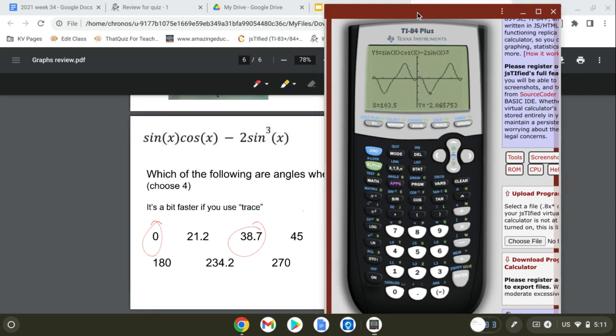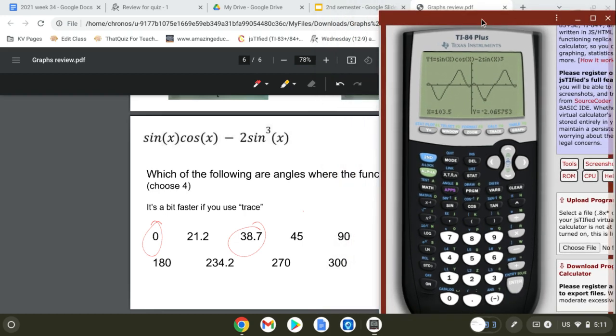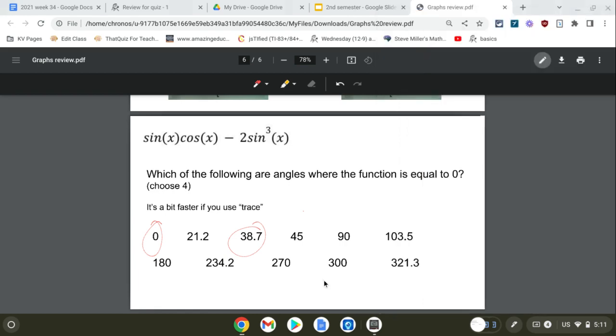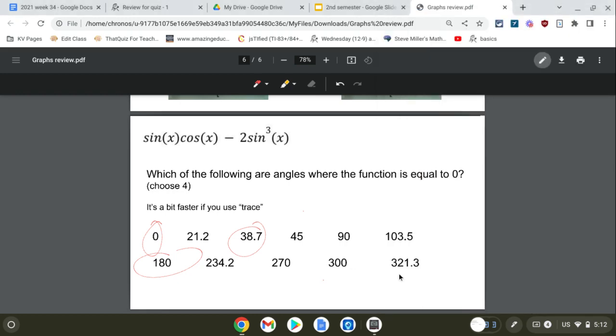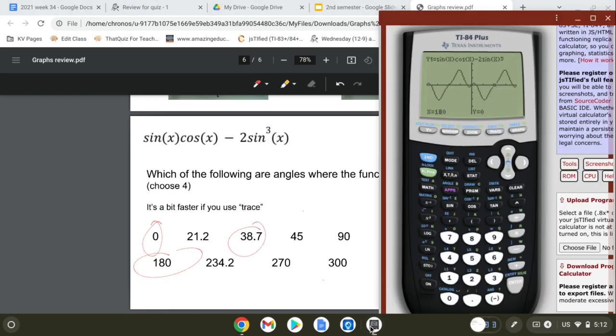That's not it. 103.5 is -2. The next one is at 180. Yep. And then I believe the last one, which is right there, is at the 321.3 mark.